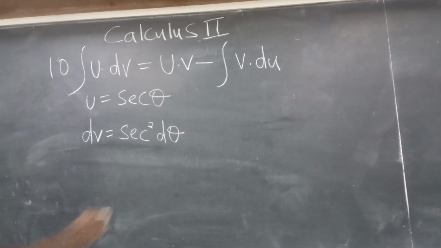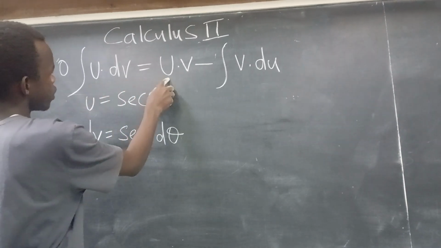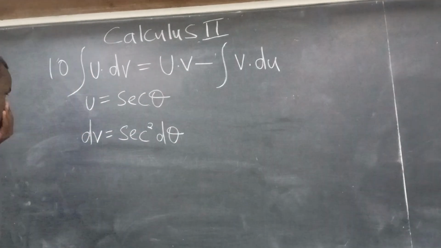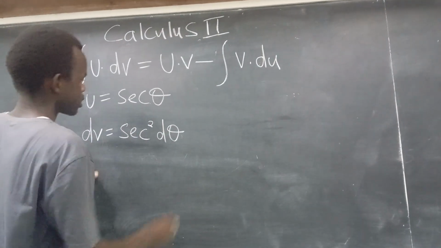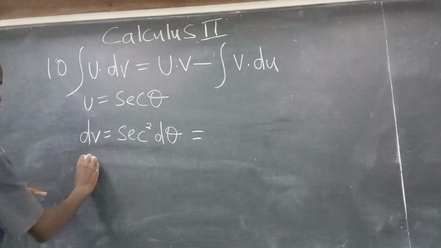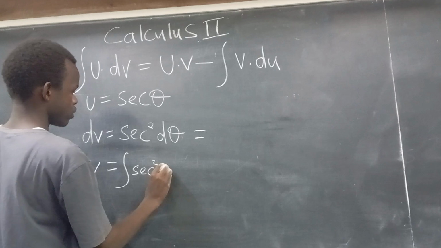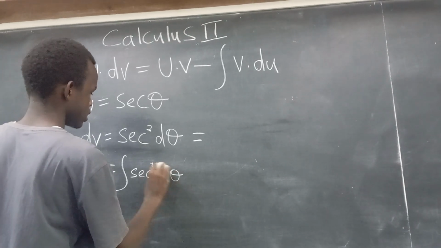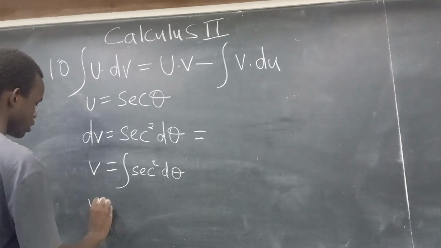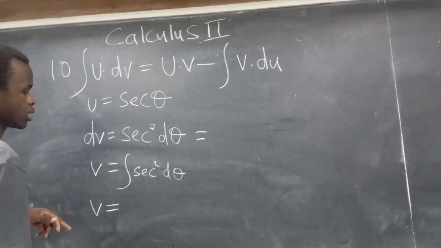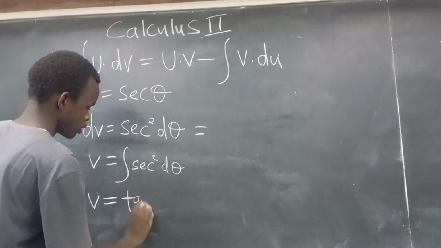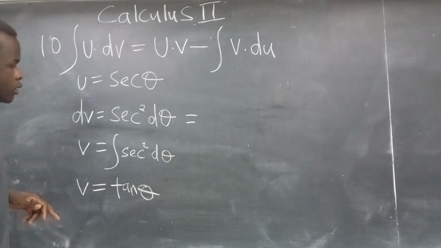So from here, from the formula, we have our u, we have our dv, we don't have our v. So our v, we'll get it from here. What will be our v? Our v is just the integral of secant squared d theta, so our v is tan of theta. Okay?